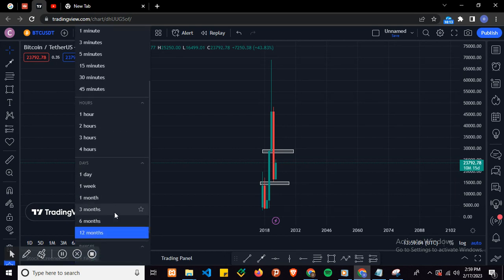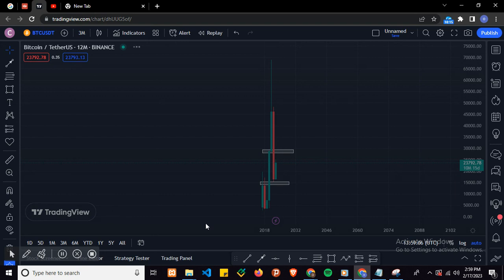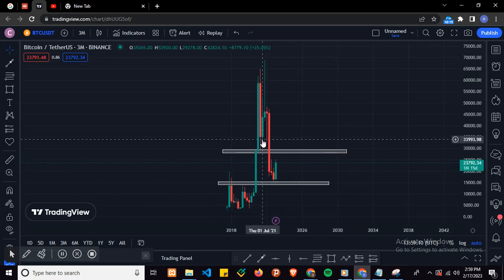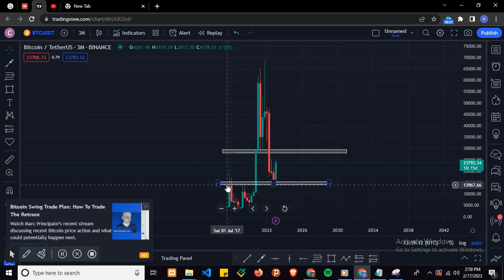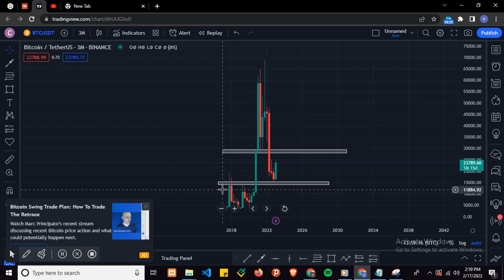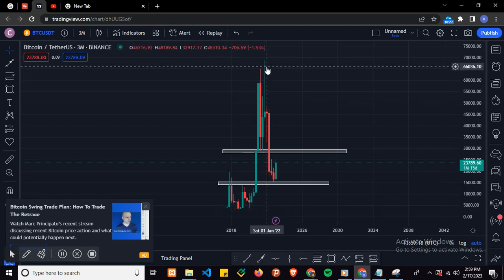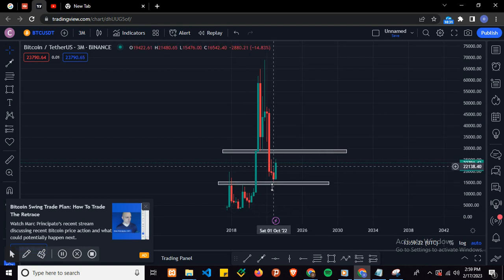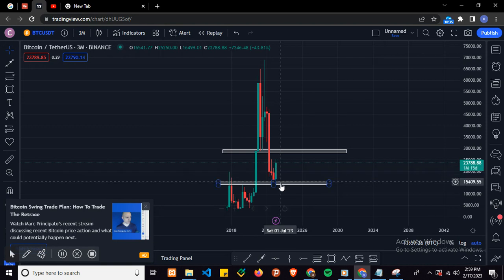Let's check 3 months. I want to see what's happening on the 3 month time frame. Can you see that resistance? Double top, double bottom, W pattern. Boom, shoot up. Then it came back to retest that. Can you see this January, February, going up, going up, going up?